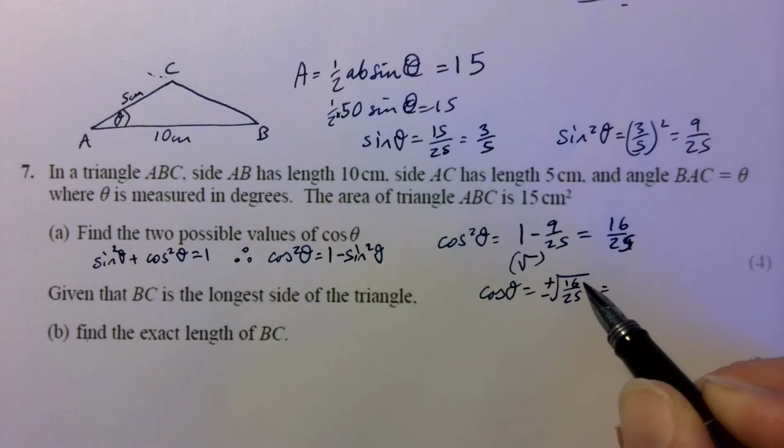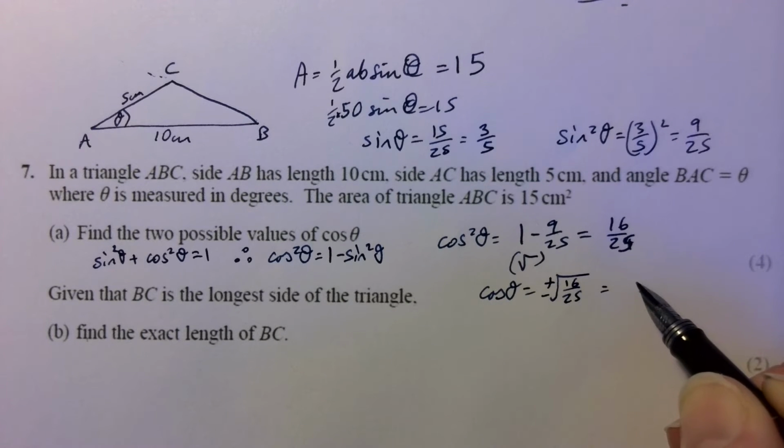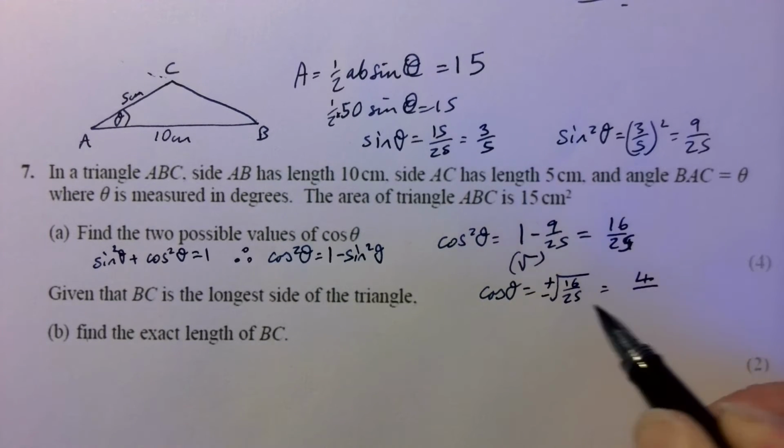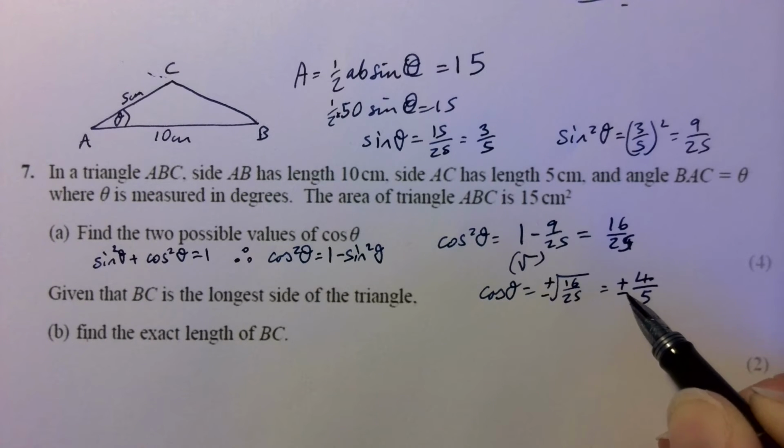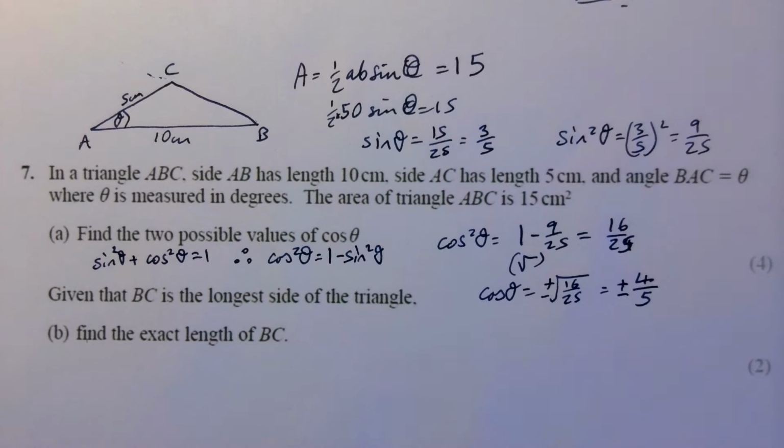You can use your calculator, but you don't need to, because the root of 16 is 4, the root of 25 is 5, so it's going to be plus or minus 4/5. And then, given that BC is the longest side, we need to find the exact length of BC.